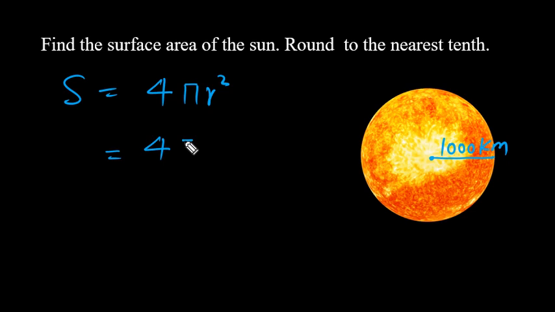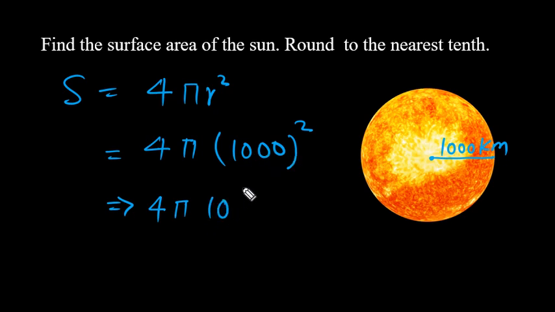Here we have 4 pi, and the radius is 1000 kilometers. Use the calculator if you want to. 1000 squared is 10 to the power 6, so we can write it in standard form.